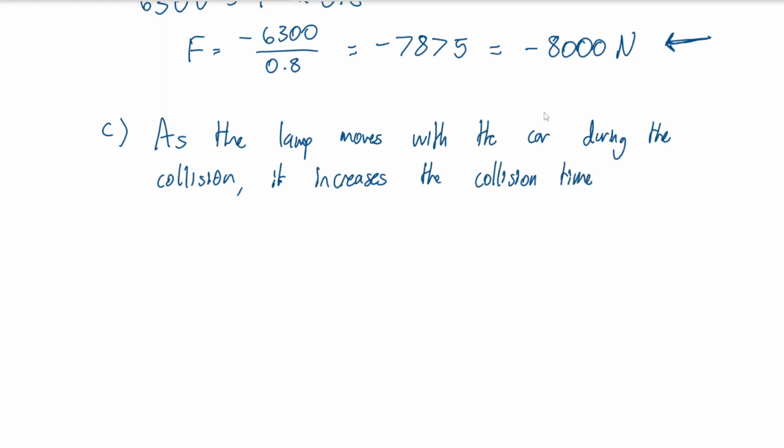Whereas if it was fixed and the car collides with the lamp, the collision will last a smaller amount of time, but since the lamp is giving way, the collision time is greater.